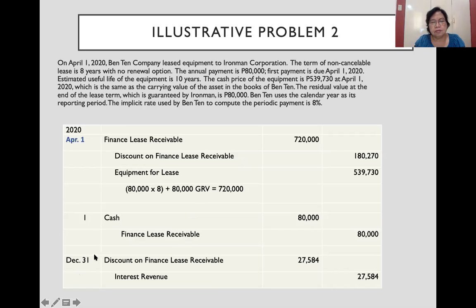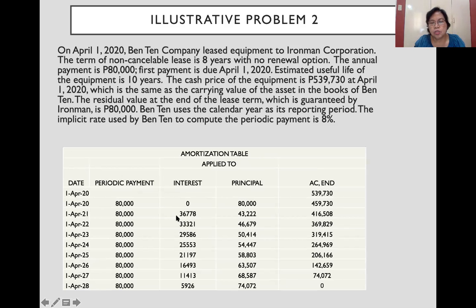At December 31, based on our amortization table, the interest here is 36,778, but that interest runs from April 1, 2020 to April 1, 2021 for 12 months.